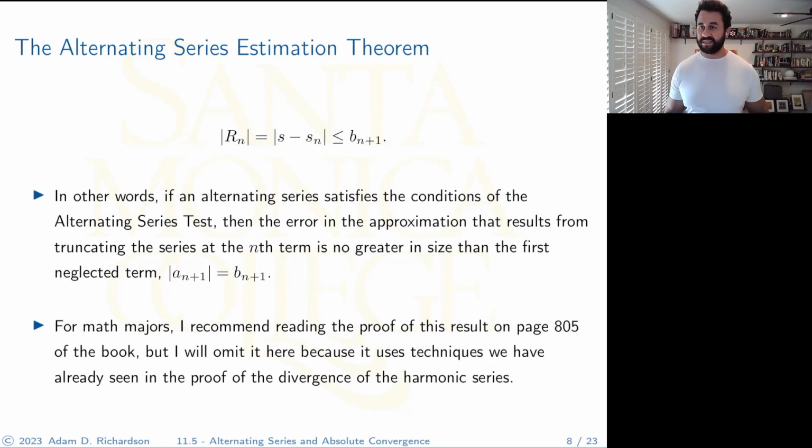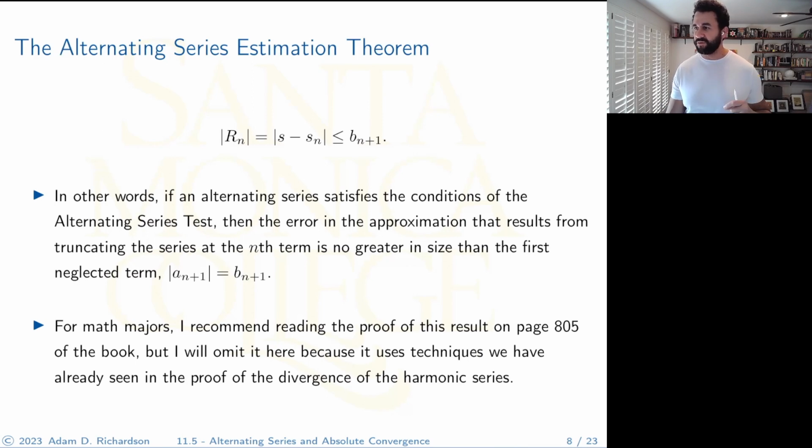All right, we're going to talk about this for just a minute. I have it laid out nicely here. So what this is saying is that if your alternating series satisfies the conditions of the alternating series test, then the error involved in the approximation that results from truncating the series at the nth term is no bigger than the size of the first neglected term. All right, so ponder that for just a minute.